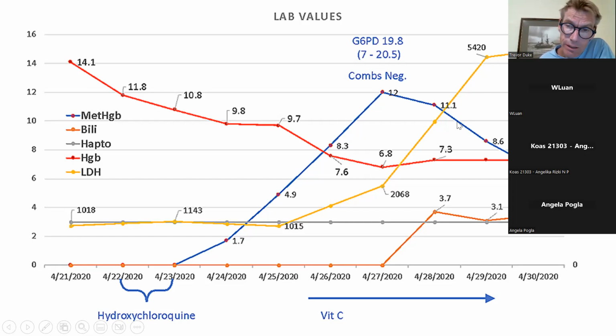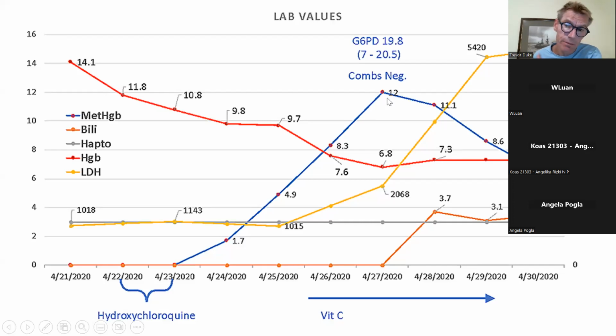So what typically happens is 2 to 4 days after exposure to some sort of inciting event that leads to hemolysis, then the hemolysis occurs, the red cell count falls, the hemoglobin drops. A day or so later, the bilirubin level rises, and while the hemoglobin is dropping, the methemoglobin level also rises.